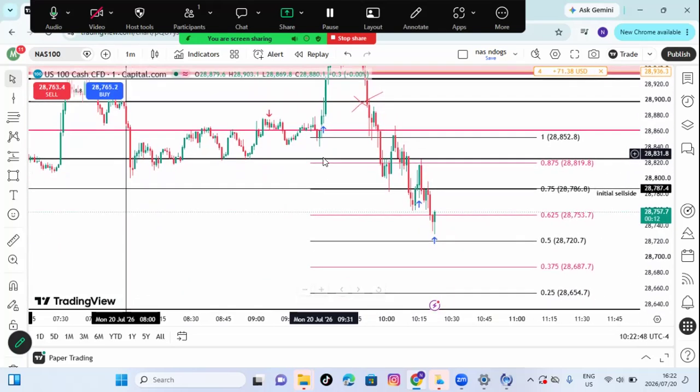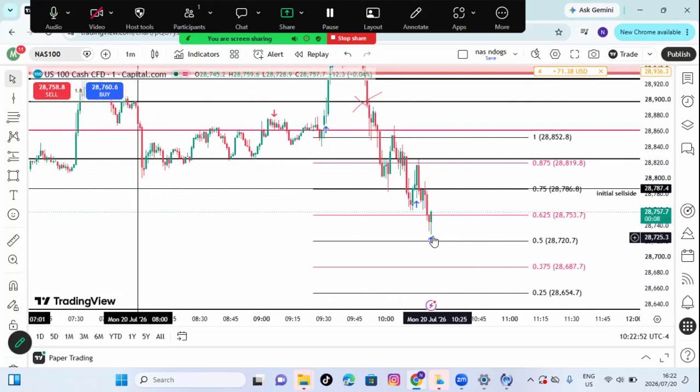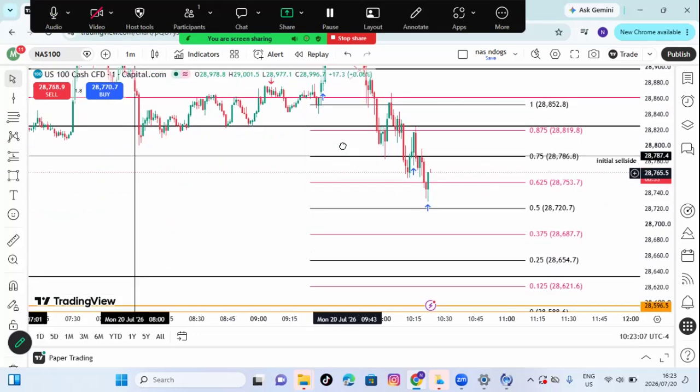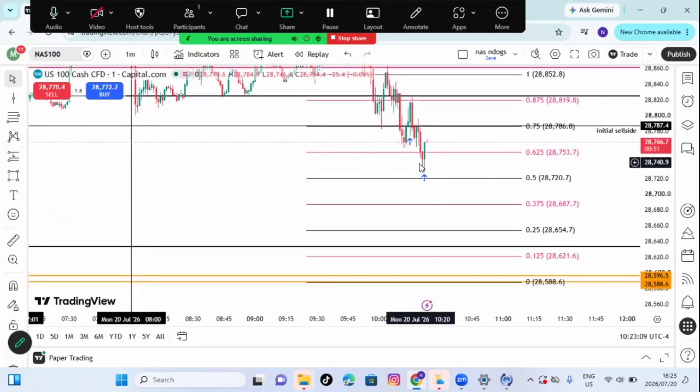So basically, this is a weak thing. Just keep finding your nice sales on the NAS. Currently, we are close to 50% here. So we're gonna see what's gonna happen. But it's close to this. They didn't get there.